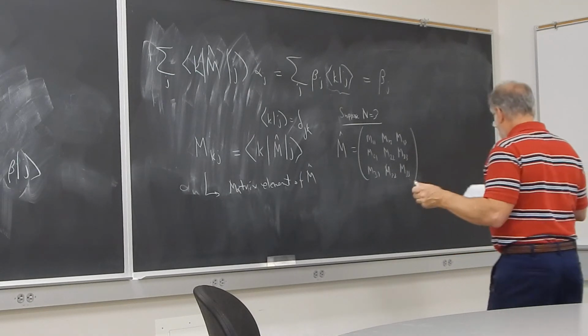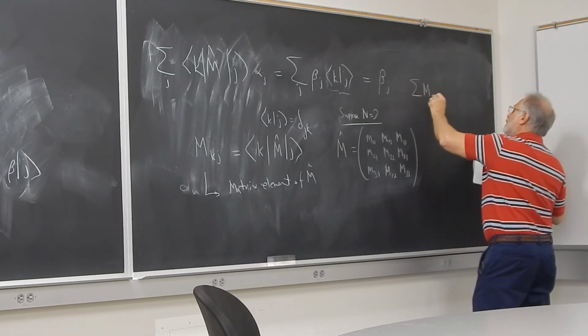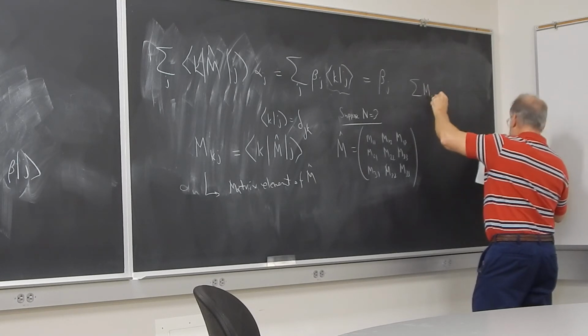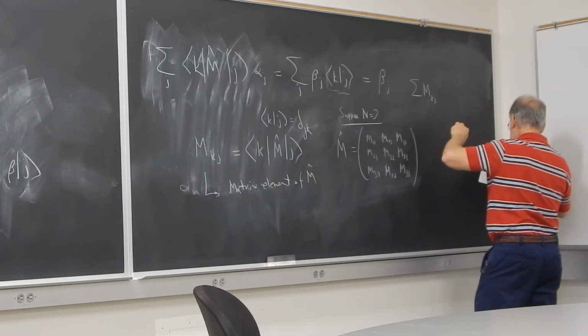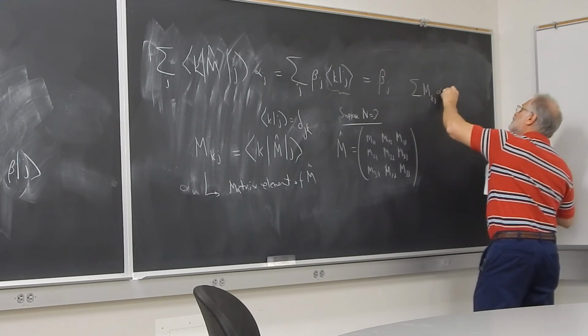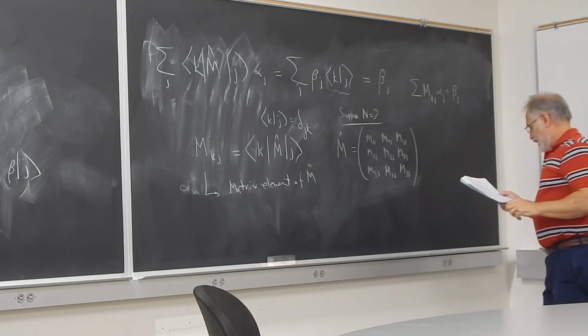And so it's equivalent to write the sum over j of M sub kj times alpha sub j is equal to beta sub k.